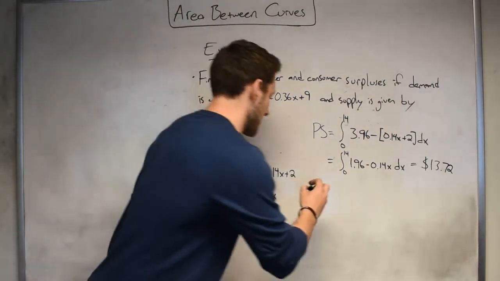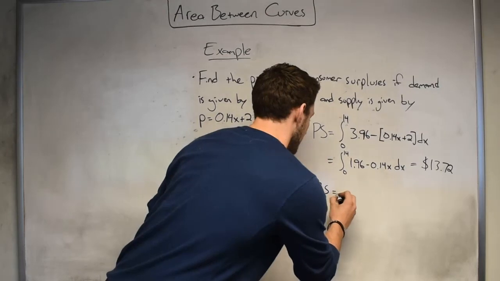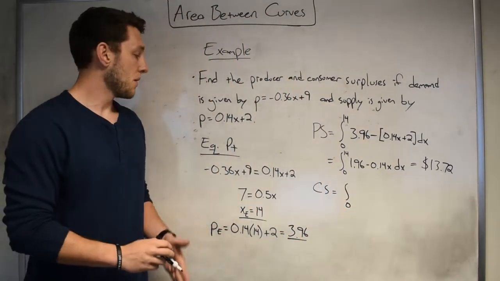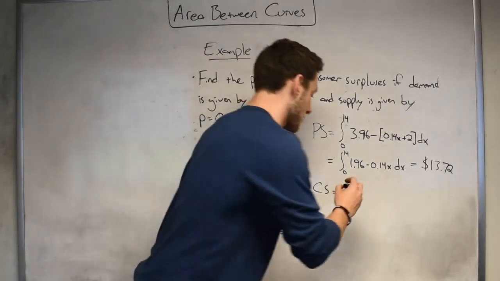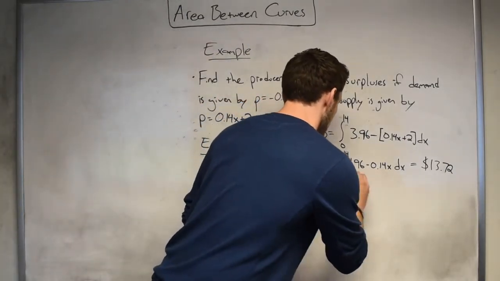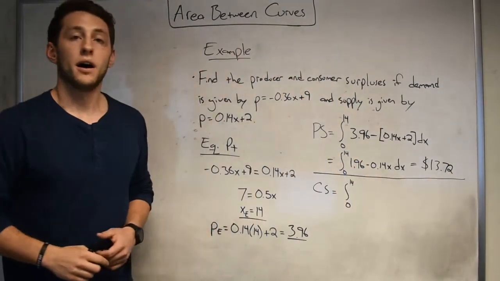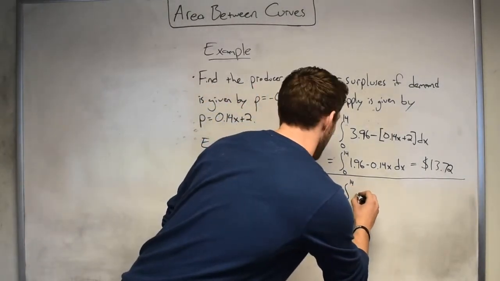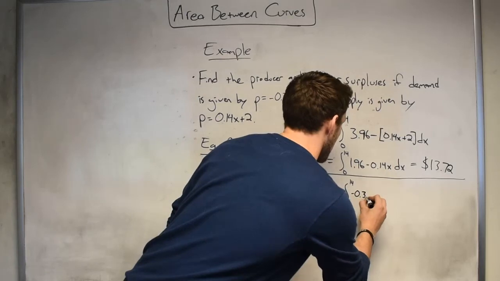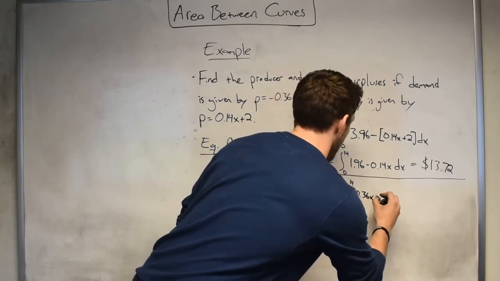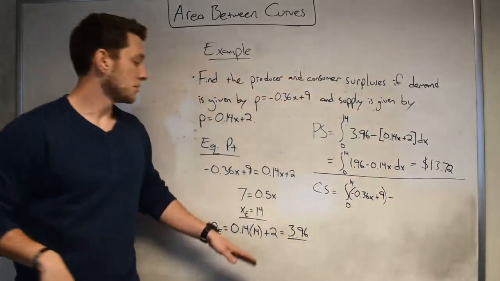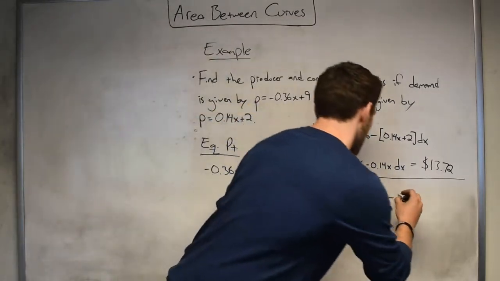Our consumer surplus is found similarly. Consumer surplus was given by the integral from 0 up to our equilibrium quantity, so from 0 to 14, of our demand function, negative 0.36x plus 9, minus our equilibrium price, 3.96.